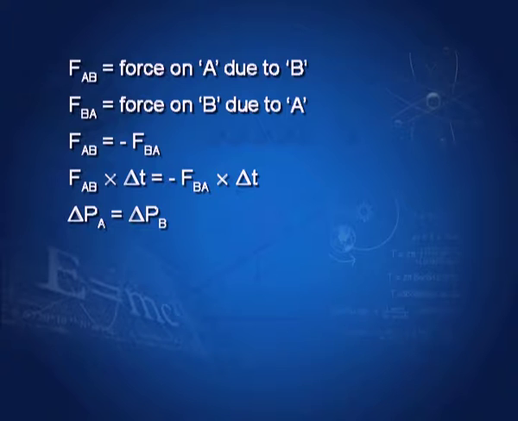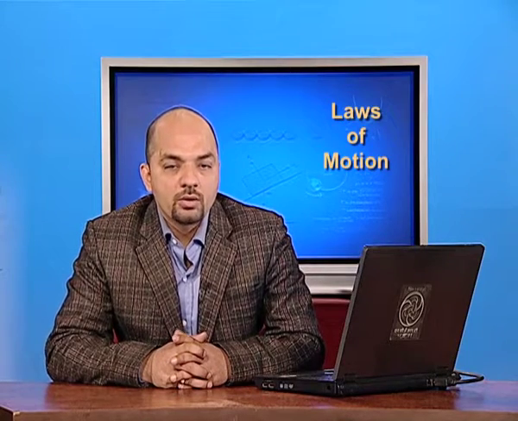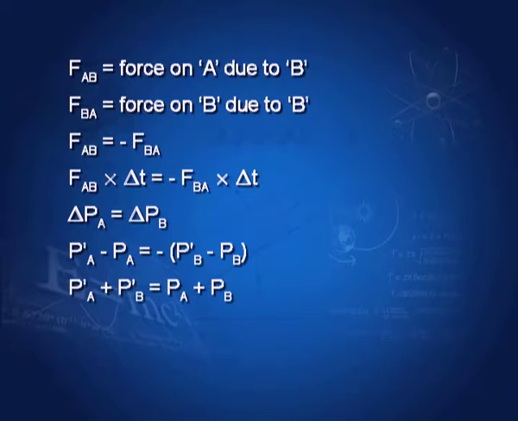Substituting these values, we get delta PA equals minus delta PB. So, P dash A minus PA equals minus (P dash B minus PB). Opening the bracket on the right hand side and transposing, we get P dash A plus P dash B equals PA plus PB.